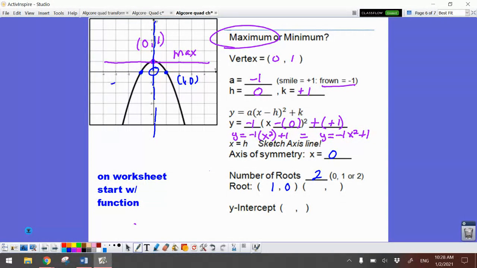And this ordered pair is negative 1, 0. And where's my y-intercept? The y-intercept in this case is actually the same as my vertex. These are actually the same value. So my y-intercept would be 0, 1.